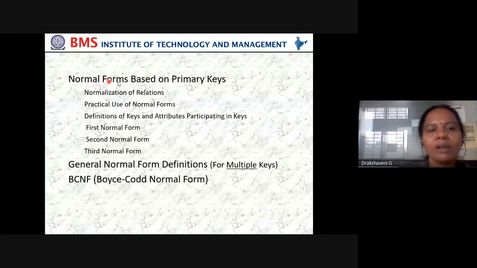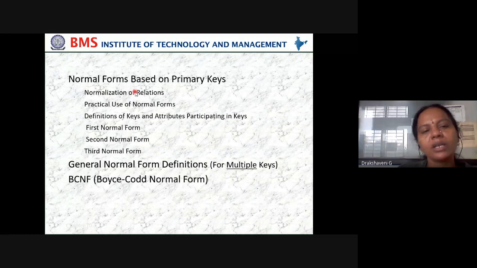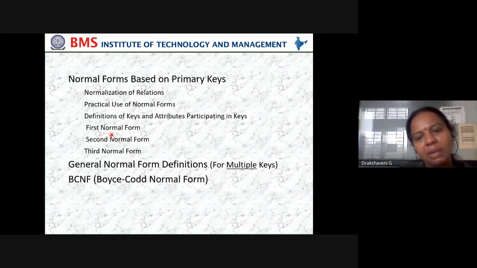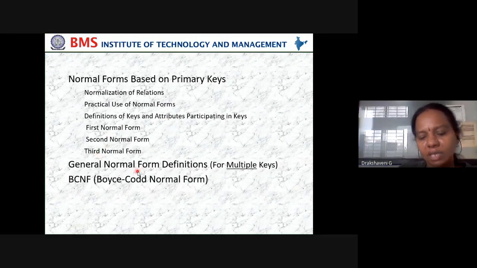Then we have normal forms based on a primary key, that is normalization of a relation, practical use of normalization, definition of keys and attributes participating in keys, first normal form, second normal form, and this we are going to see in the fourth module.